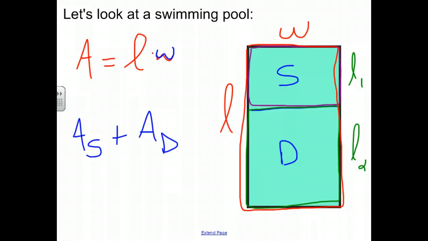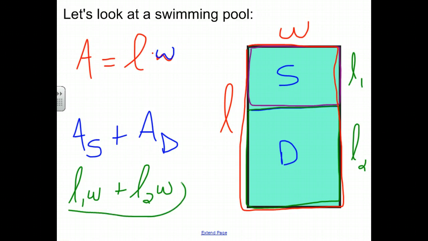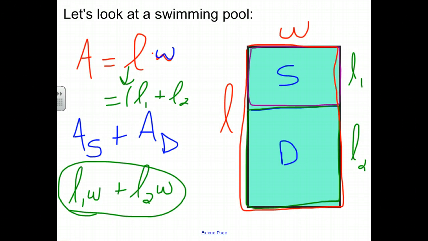The area of the shallow section is length 1 times width, and the area of the deeper section is length 2 times width. The area of the swimming pool then is either this representation here, or the overall length of the pool can be represented as length 1 plus length 2 times width.